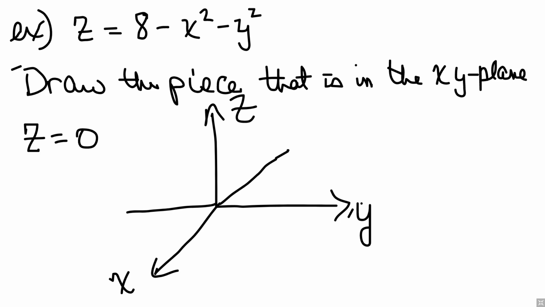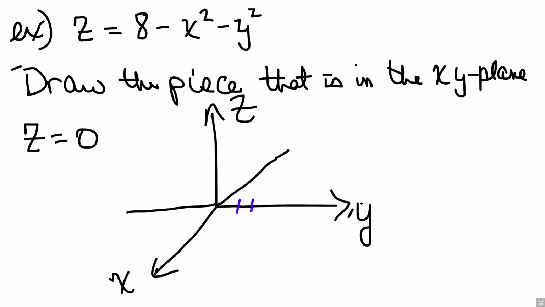Okay, so I'm going to put it in blue. It's basically a circle that's going to be centered at 0, 0, and the radius is going to be the square root of 8. And you don't have to be exact on the square root of 8, so you're just going to estimate what that's going to be.